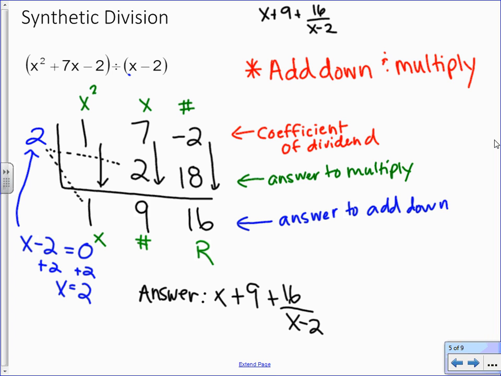Oh, so, like, this is an x term, this is a number term, this is my remainder, and remember, your remainders always go over your divisor. So it's from my divisor, x minus 2. And that will change from different problems. Like on the problem that we did with the x squared plus 13x plus 40, you'd put 0 over x plus 5, because that's what we were dividing by. Okay. I wouldn't even include that, though. I'd just write x plus 8 if I got a 0.